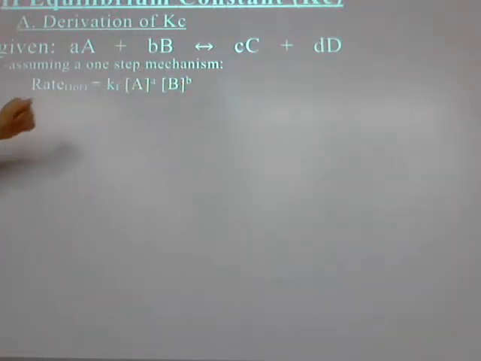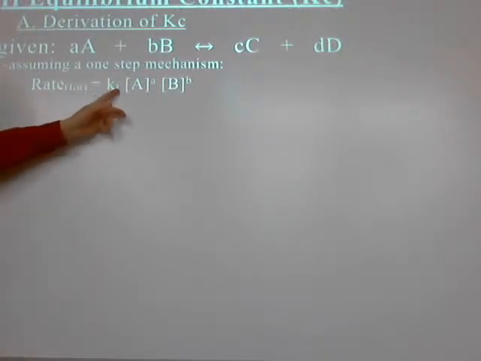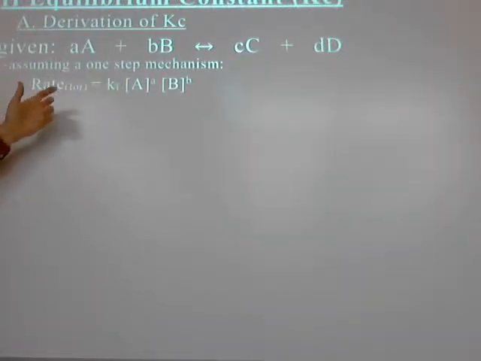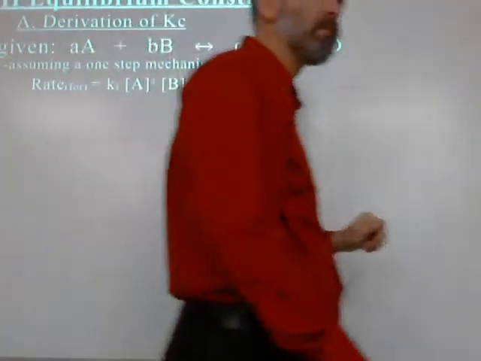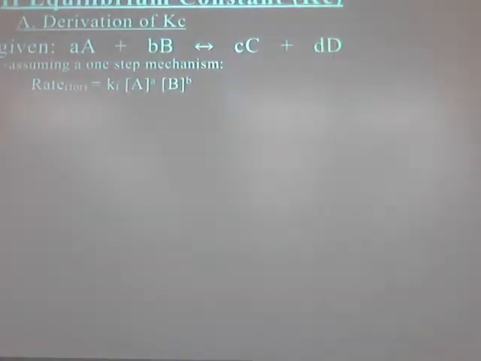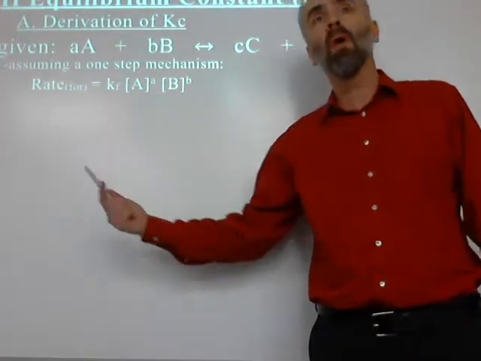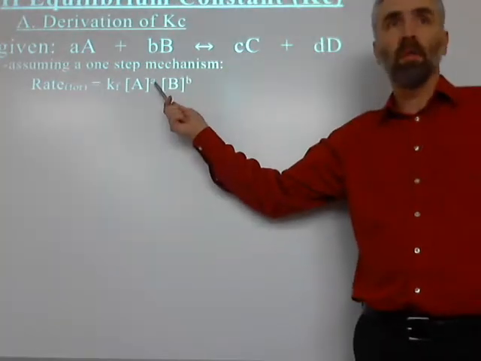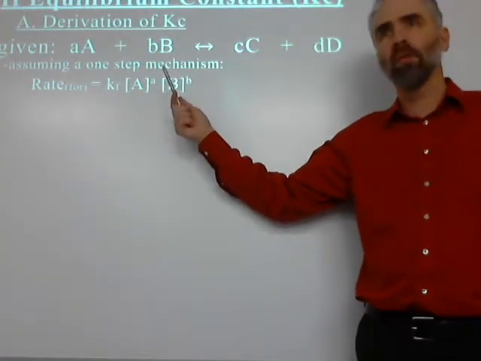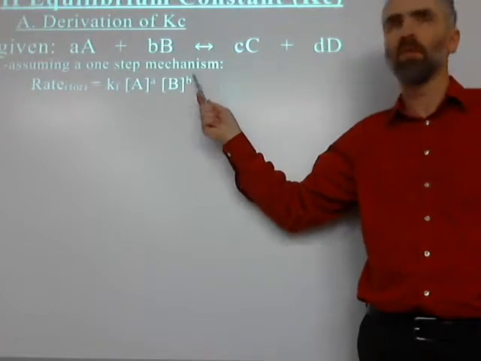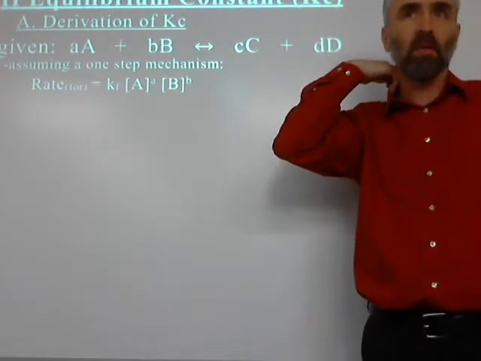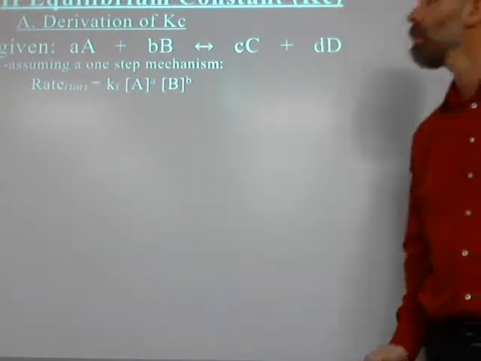Notice I put a little kf to distinguish it from the reverse direction, so the forward rate equals kf, A to the a, B to the b. You're basically just taking the concentration of the reactants, raised to their coefficients. Because it's a one-step mechanism, that works: if the coefficient of A is 2, it's in the slow step twice, and if it's 1, it's in the slow step once. So that is the order of the reactant.